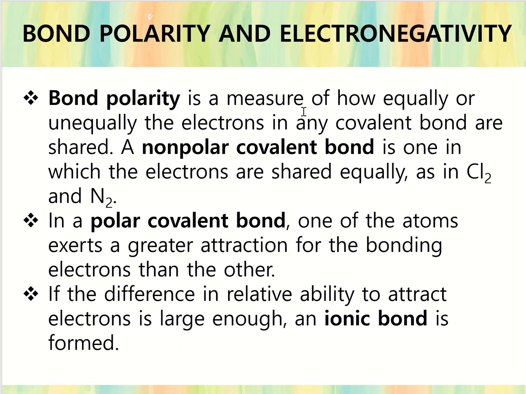Is one atom pulling electrons to itself more than the other? And if so, then we have a polar bond. But this bond can be polar covalent, meaning they're still sharing, the one element is pulling to the other side, but it's still being shared. And if that difference in electronegativity is large enough, then that's how we get an ionic bond. So the element will literally pull the electrons fully to itself, and that's how we get an ionic bond.